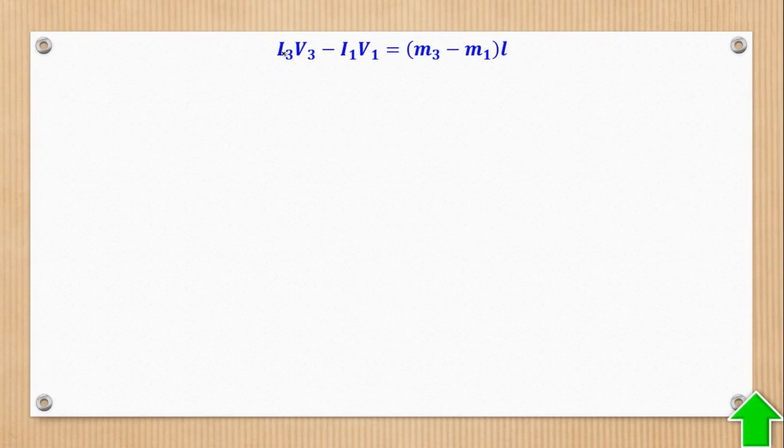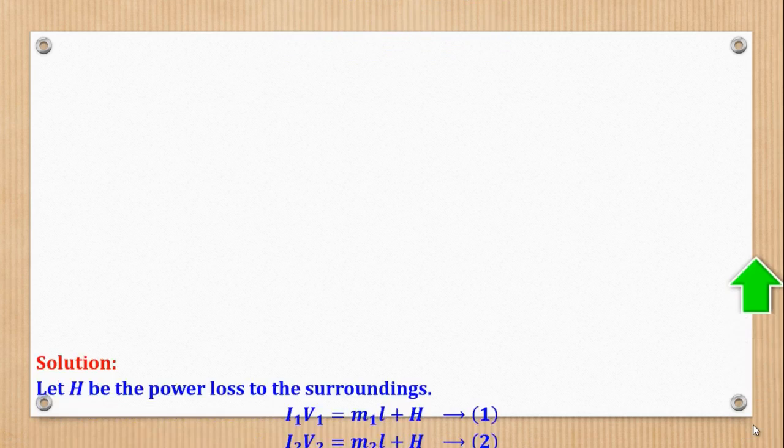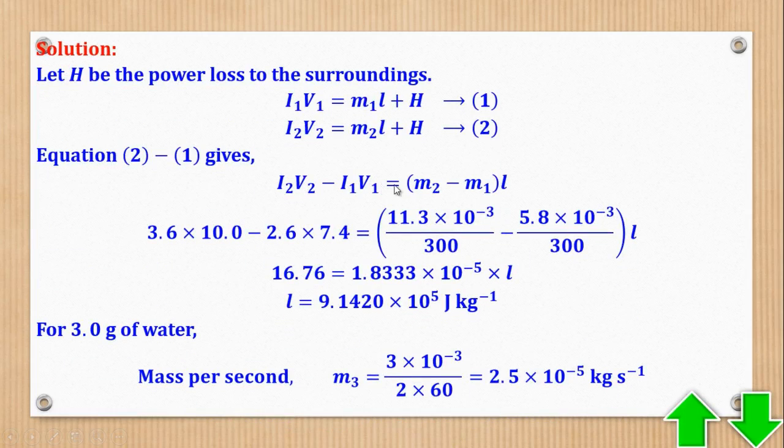That means that if I use this third set and the first set, I'll be able to come up with this. So I'm just getting it from here. From this part, I'm replacing I2, V2 and M2 with I3, V3 and M3, where M3 is this one, and I3 V3 is the new power.